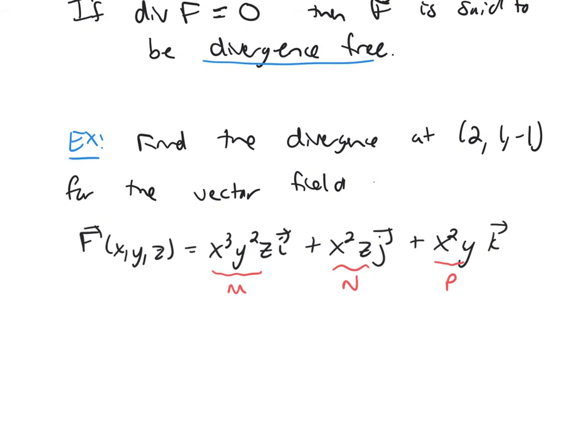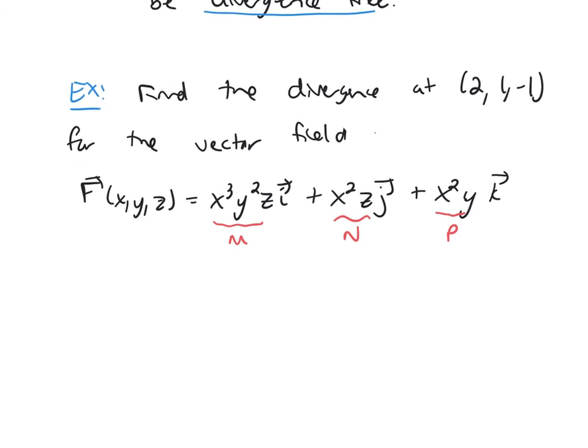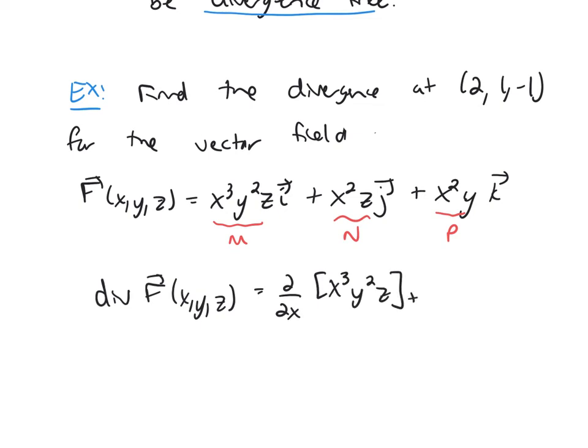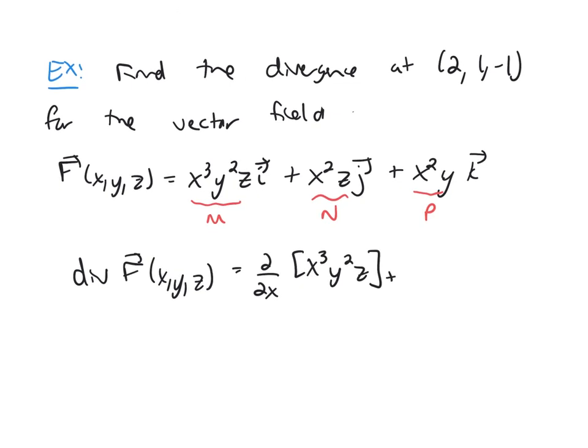So to find the divergence of F, you're going to take the partial derivative with respect to x of m, plus the partial derivative with respect to y of n, plus the partial derivative with respect to z of p.